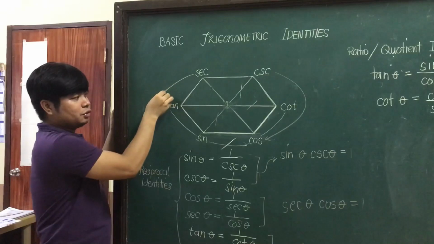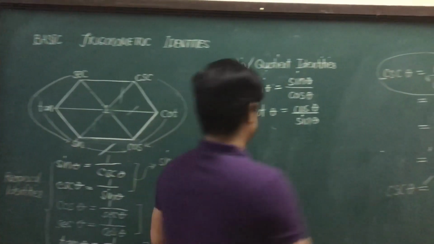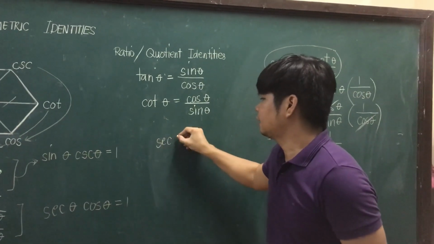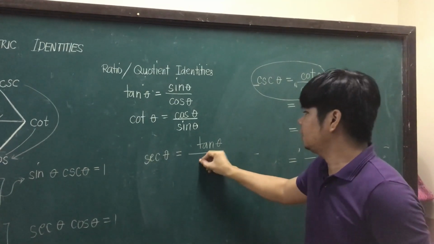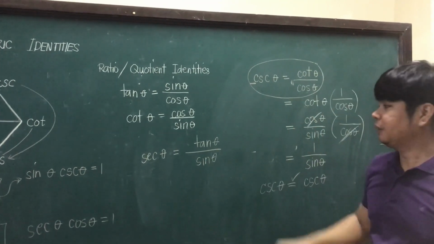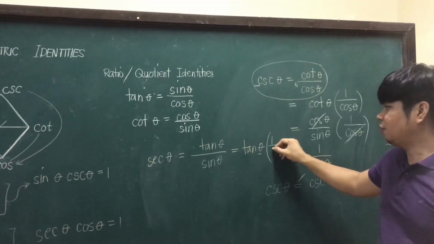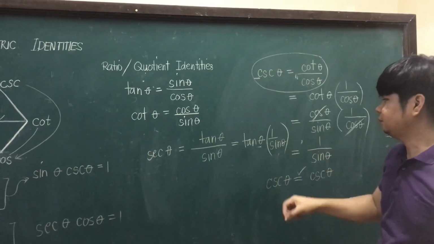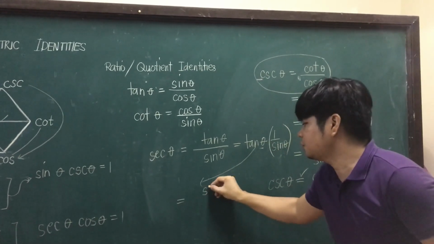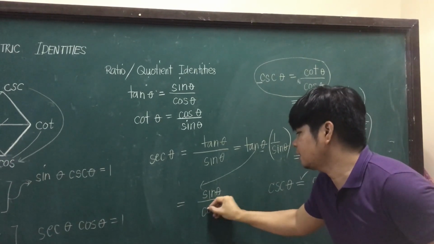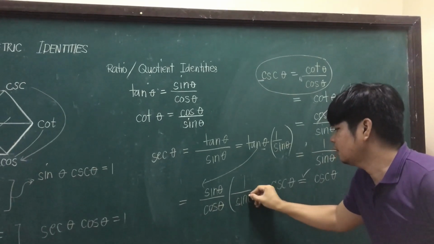Secant theta is also equal to tangent theta over sine theta. Let us prove that. Secant theta is equal to tangent theta over sine theta. We factor it out, so we separate tangent theta over sine theta. And here, tangent theta is equal to sine theta over cosine theta, and multiply that by 1 over sine theta.